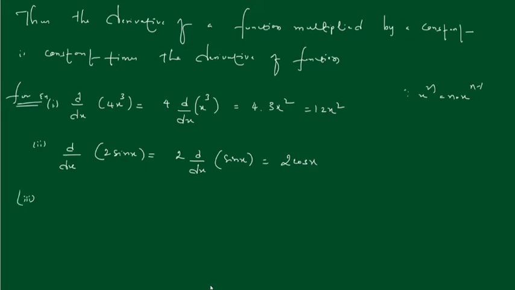Next, third one, d by dx of 5 log x is 5 d by dx of log x. That is nothing but 5 into 1 by x, which is 5 by x.